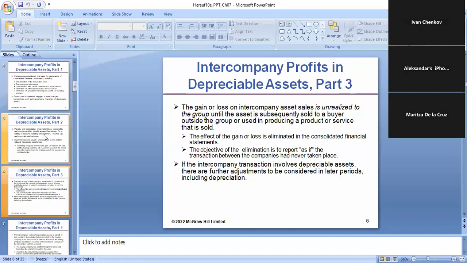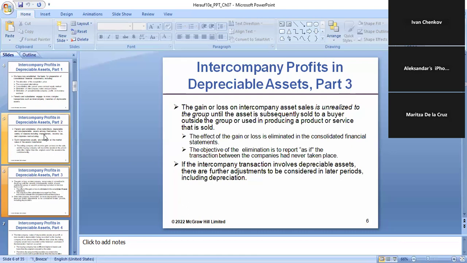The gain and loss of those intercompany assets will be unrealized, since those assets are within the group of companies. As long as the asset stays within the group, anything that happened in the transaction on the gains and losses is going to be unrealized until the asset is sold to third parties.